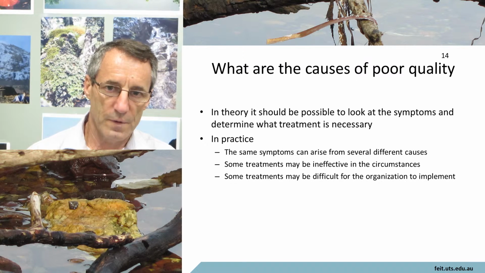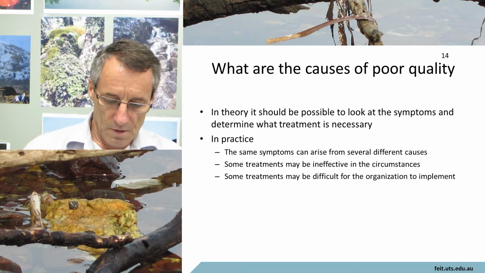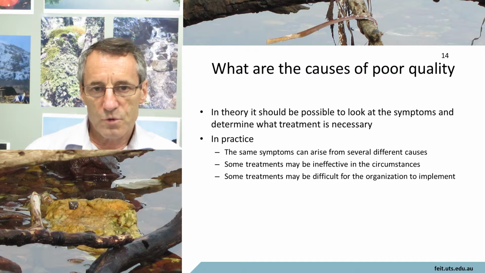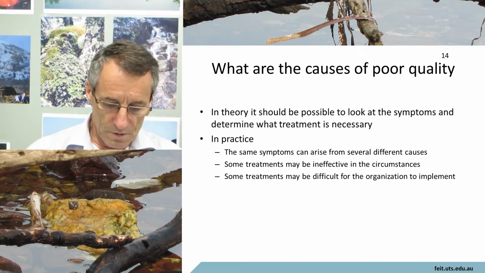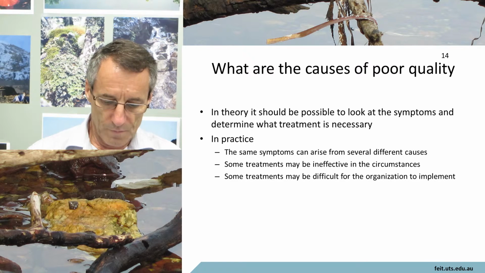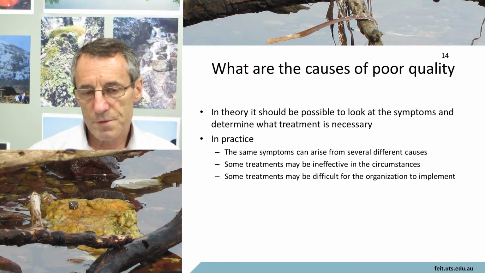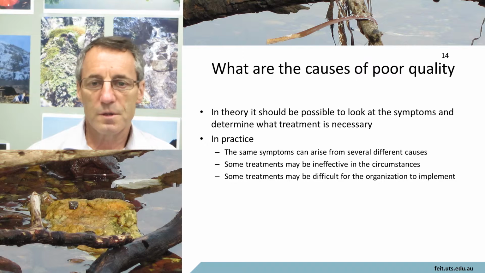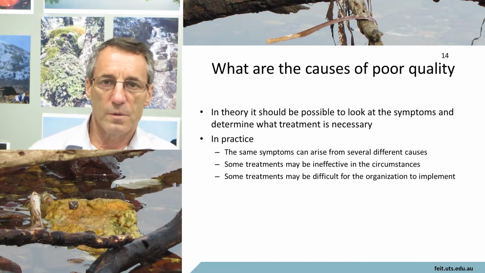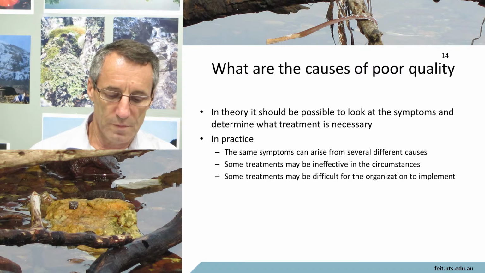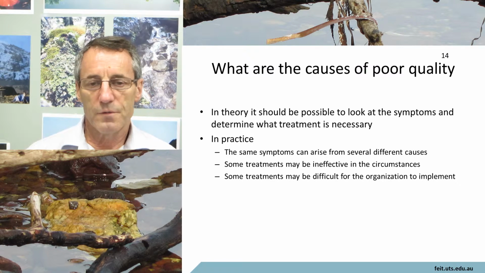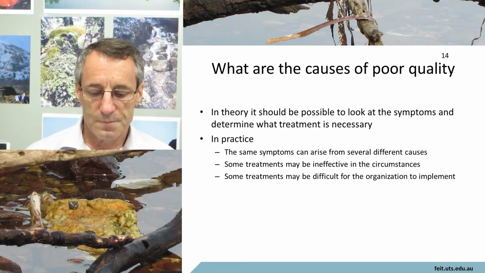So that's one circumstance. Another problem in poor quality is that some treatments can be ineffective in some circumstances, and another problem is that some treatments can be difficult for the organisation to implement. So these are the kinds of things that crop up as problems in quality management that in some ways we're trying to identify through assessments and audits.